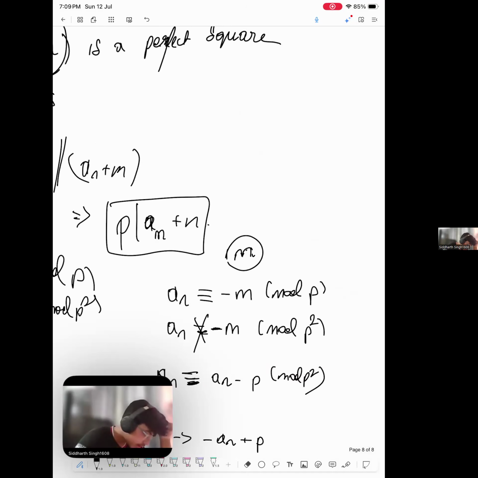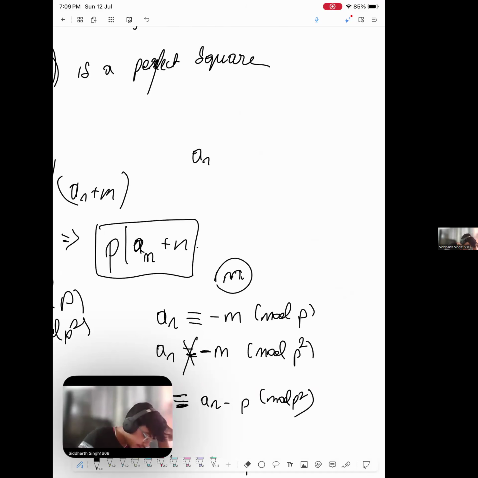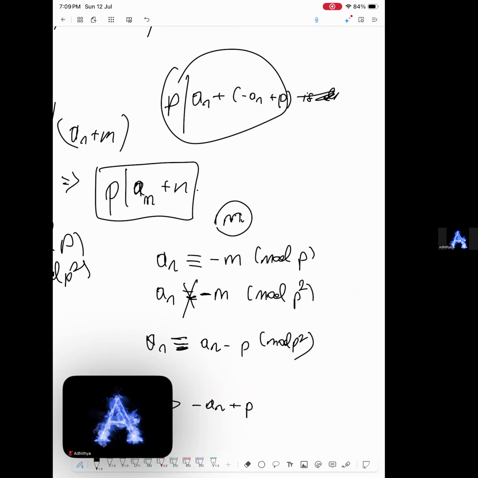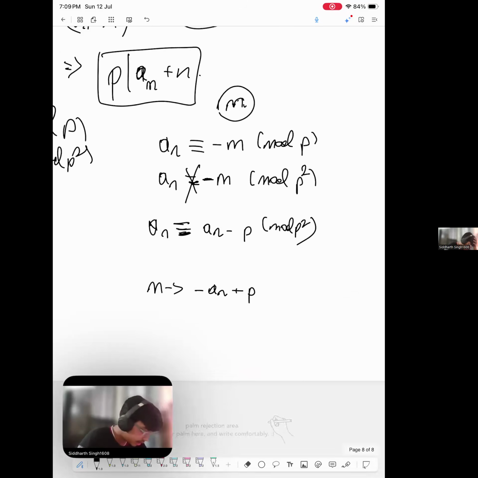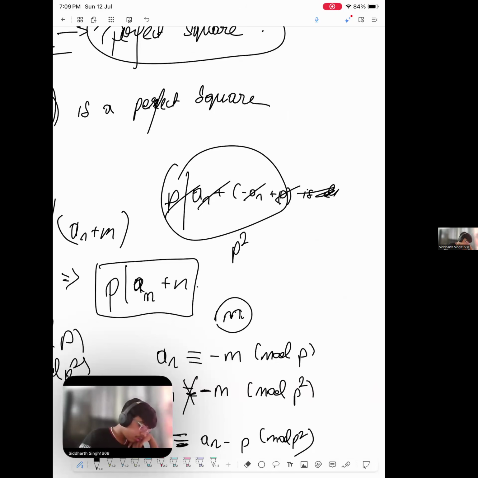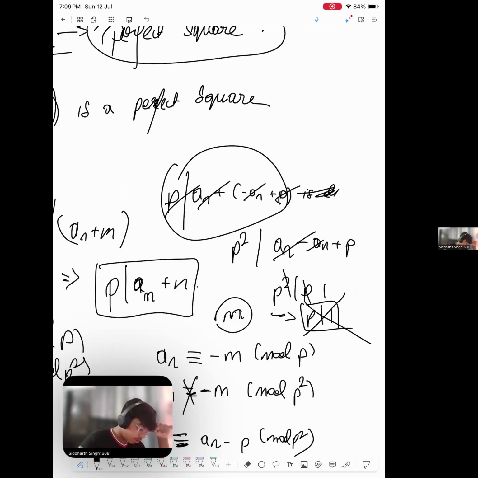Can you see why an plus minus an plus p is divisible by p? Yes, because an and an cancel out and p divides this thing. But now, can you also notice that p square does not divide an minus an plus p, right? Because this an cancels out, p square must divide p, which means that p must divide 1, which is obviously not true.